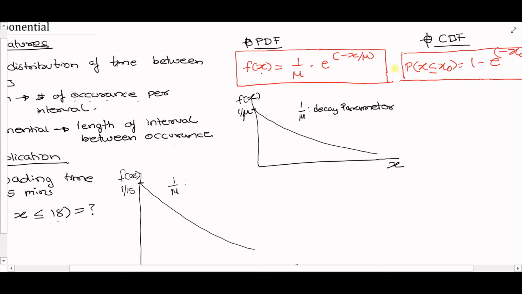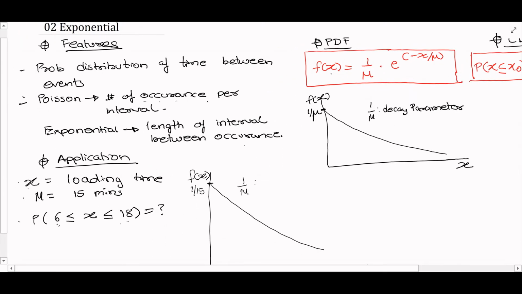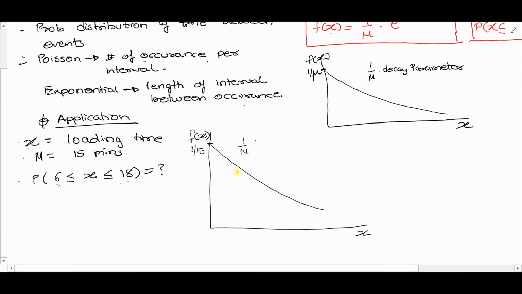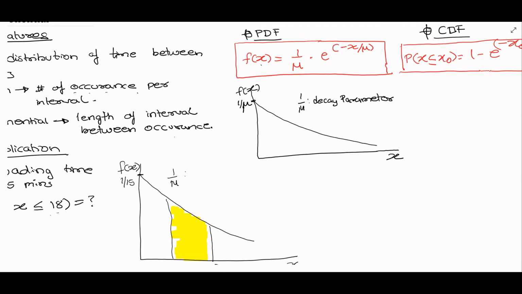So here the CDF is a little bit more relevant than the PDF because we are interested in a range between 6 and 18. We are interested to find out how much is this area, for which the CDF will be handy.